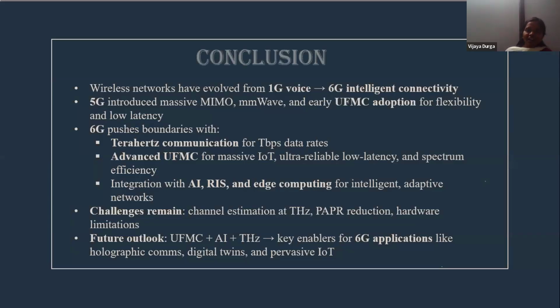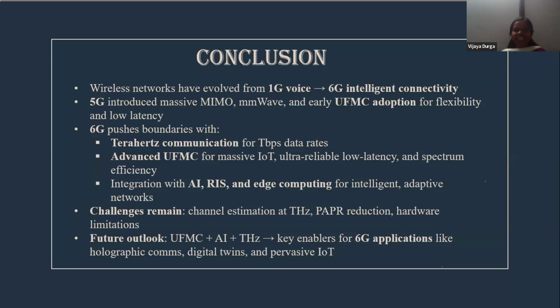And then coming to the conclusion. Wireless networks started from 1G voice. Then the technology has now come to 6G intelligent connectivity. 5G introduced massive MIMO, millimeter wave, and early UFMC adoption for flexibility and low latency.